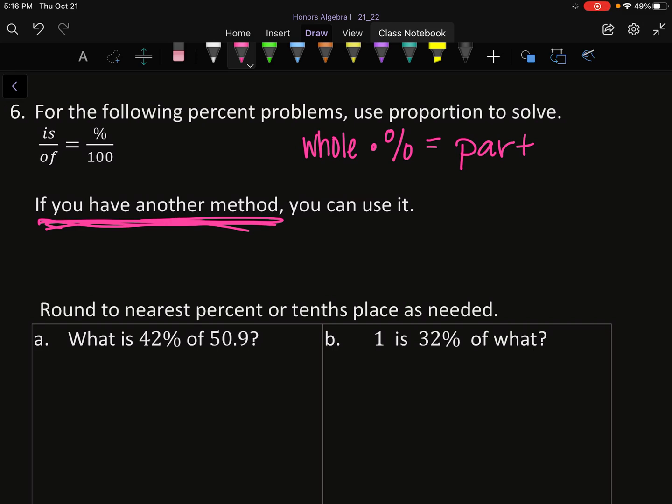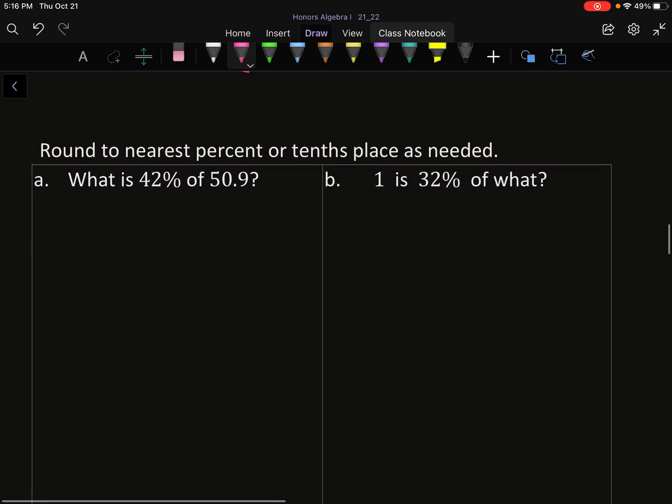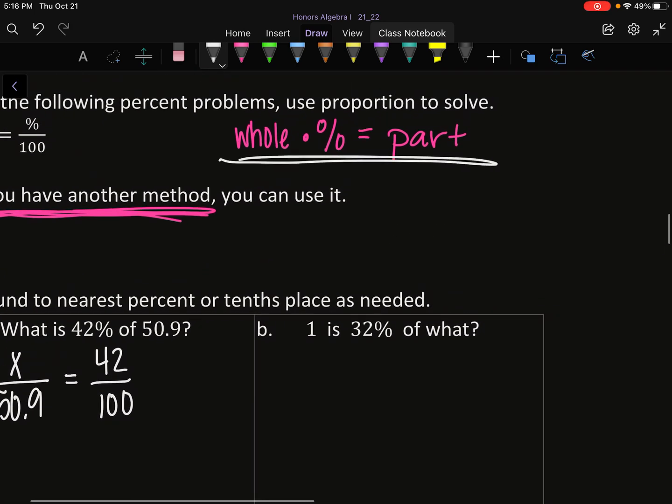If we use this, round to the nearest percent or tenths place as needed. What is 42% of 50.9? A lot of you will go straight into it and say, I don't know the is, of is equal to 42 over 100. Well, anytime we need to find is, I need to find the part.